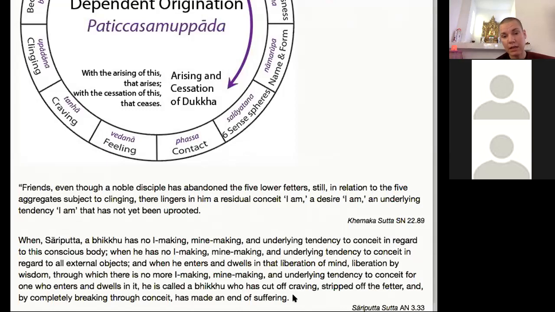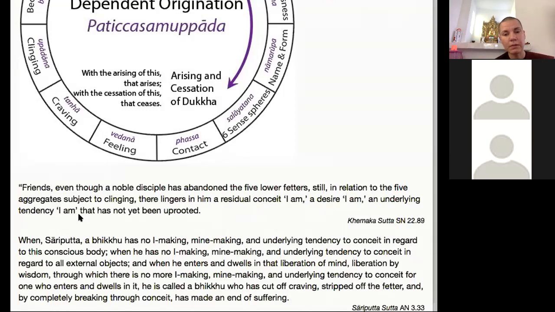That is, he is an arahant. And you see, there is this no I-making, mind-making, underlying tendency to conceit, the same as here. You see, the residual conceit, I am, desire, I am, underlying tendency, I am. Same thing.